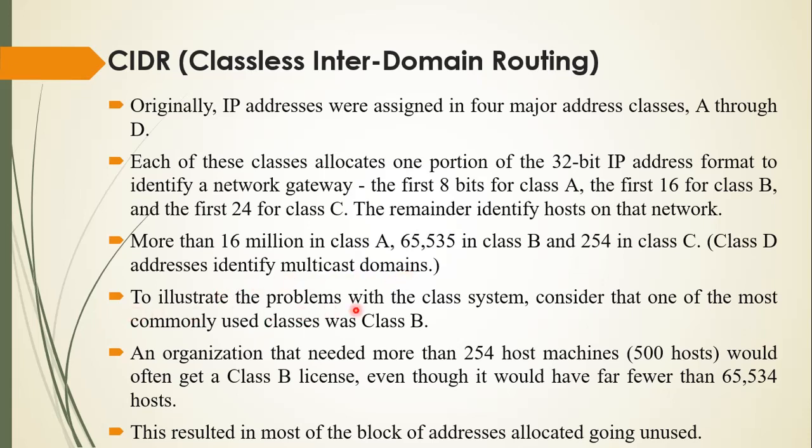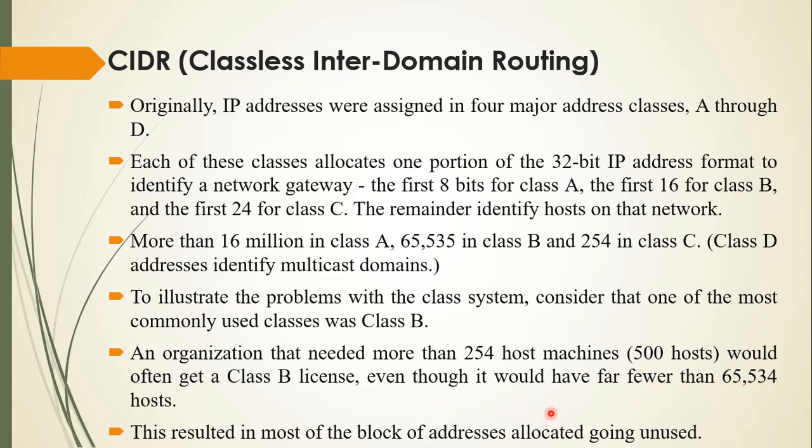To illustrate the problem with the class system, consider that one of the most commonly used classes was class B. So commonly we are using class B addresses. An organization that needed more than 254 host machines, say 500 hosts, would often get a class B license, even though it would have far fewer than 65,534 hosts.